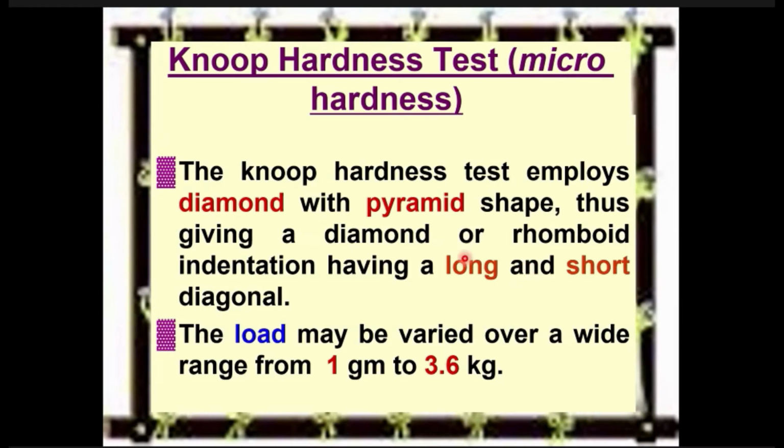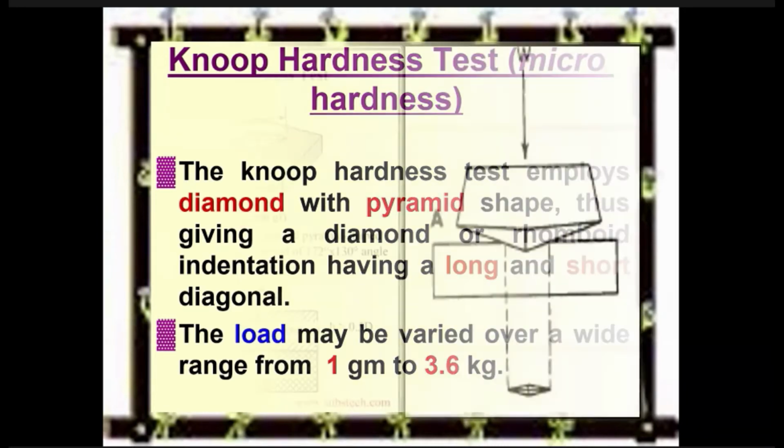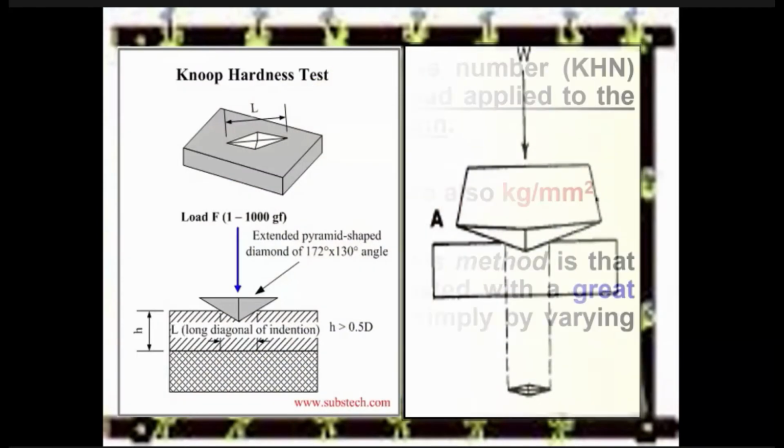Also, let me go back to this slide to show you the indenter is diamond. So diamond is the hardest material. There is no other material that is harder than diamond. So diamond can indent any material. Therefore, we can use it for harder materials.